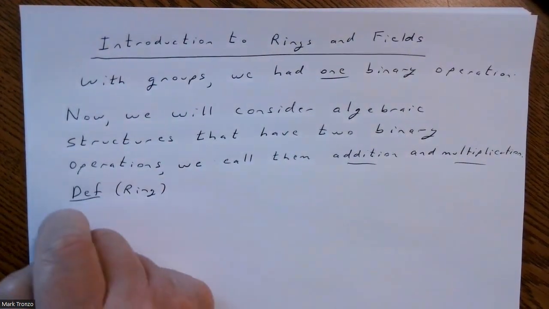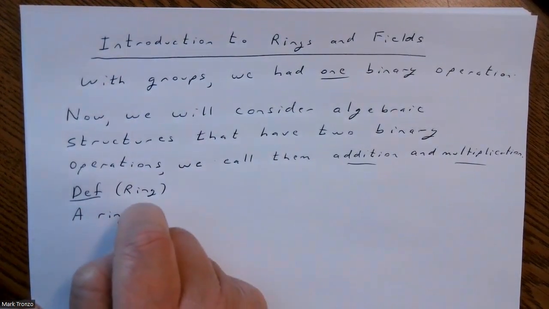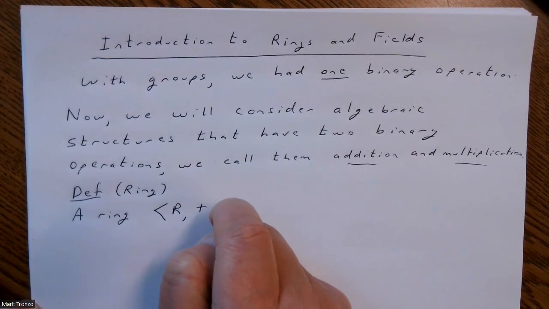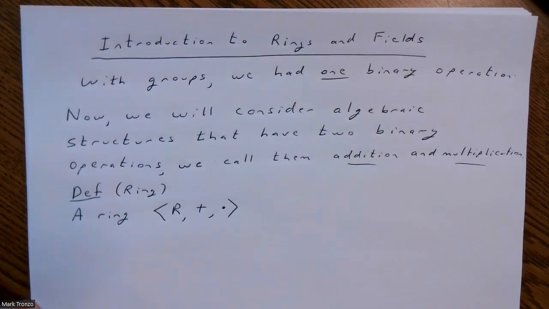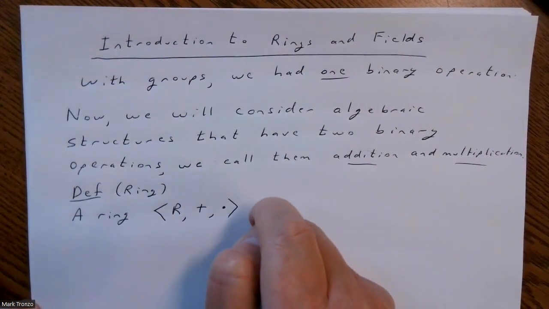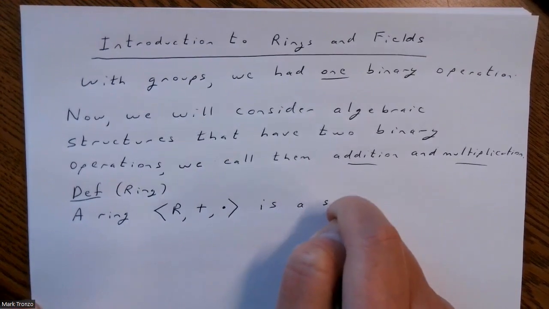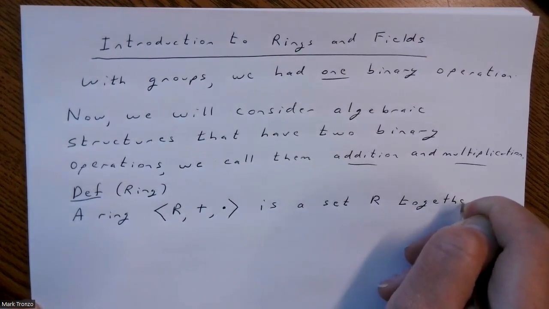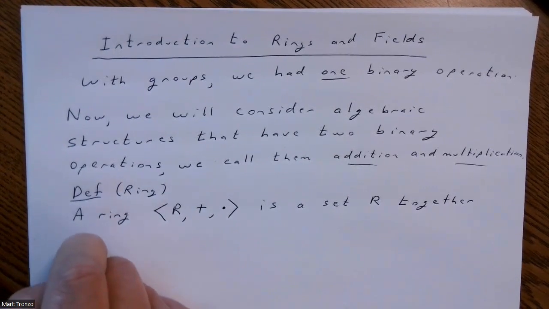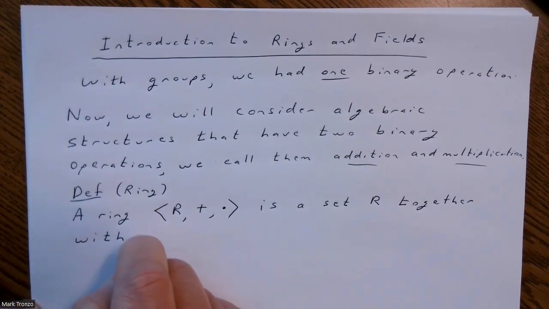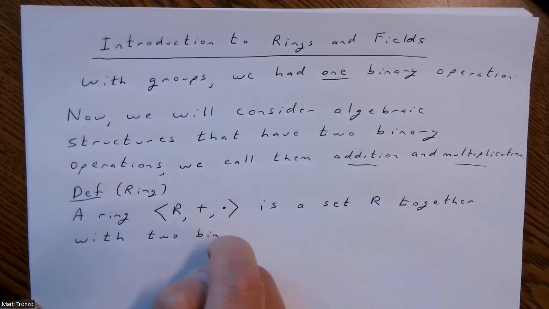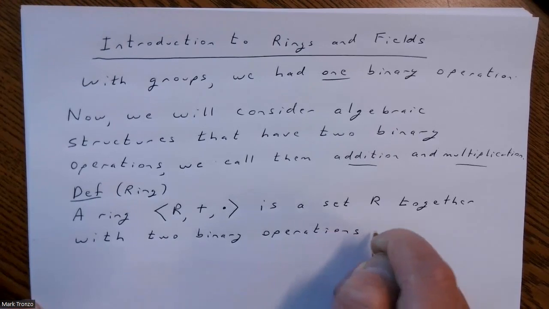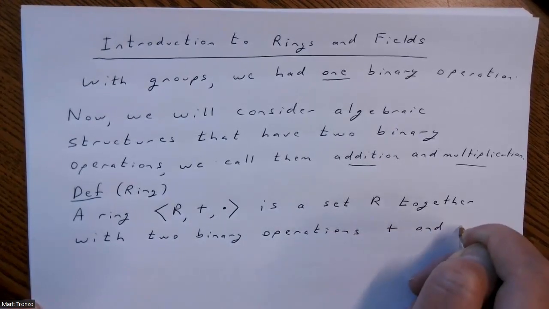A ring, usually represented maybe like this with a plus and maybe a dot to indicate multiplication, though the operations could be something else, is a set R together with two binary operations, plus and dot.